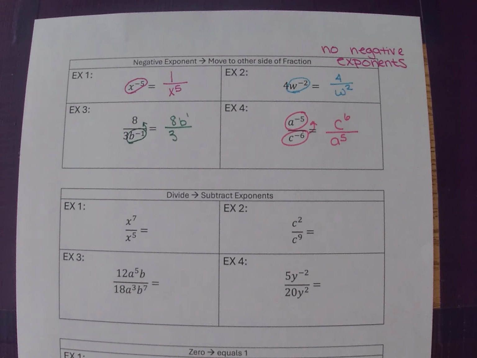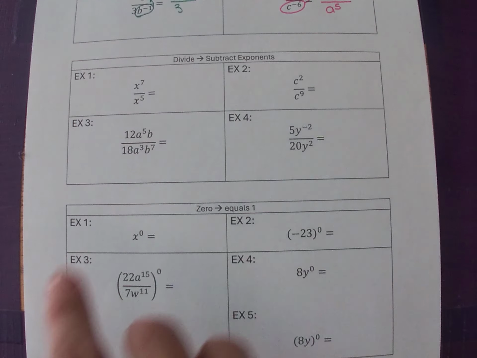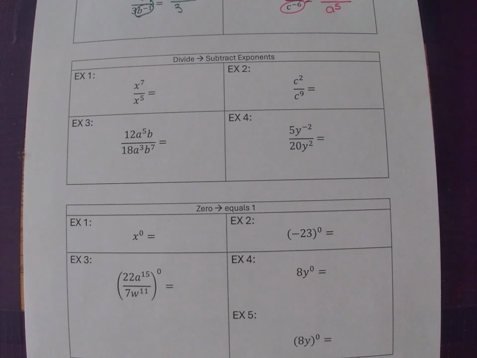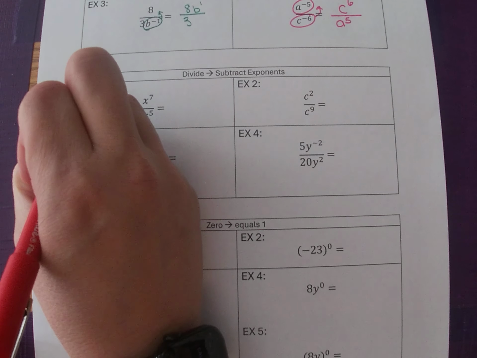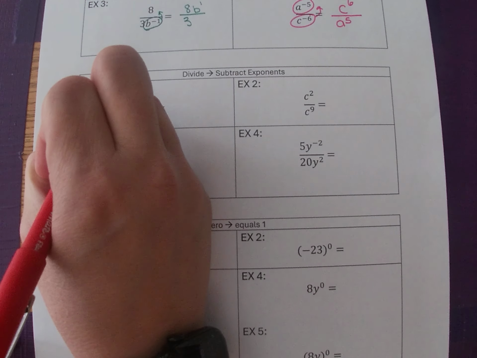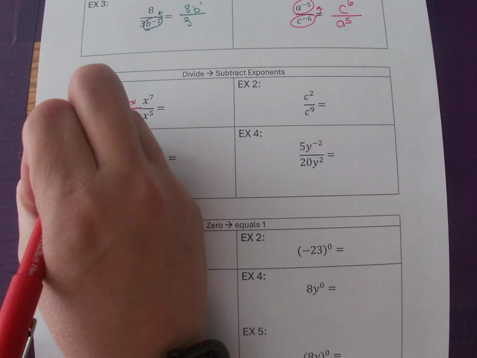Now we really use this property inside division, because when we divide with exponents, we subtract the exponents. What is really happening is when I have x to the 7th, that's going to be 7 x's, over x to the 5th, which is 5 x's.